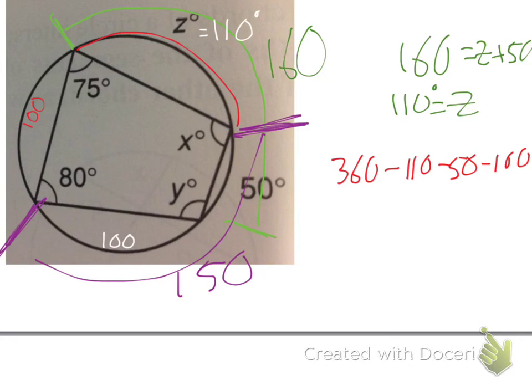Guess what? x goes from here all the way around to here. How many degrees does that traverse on the arc? 200. So x has to be 100. x is equal to 200 divided by 2, which is 100.